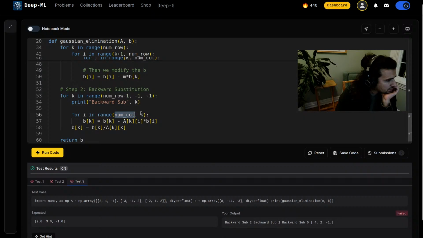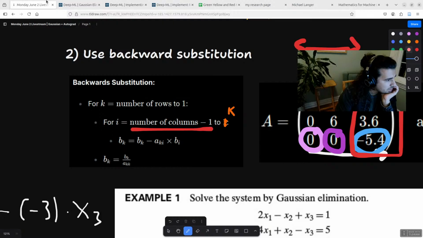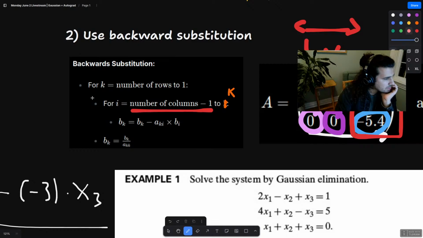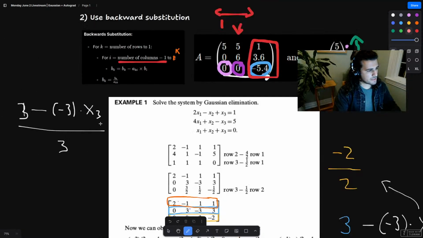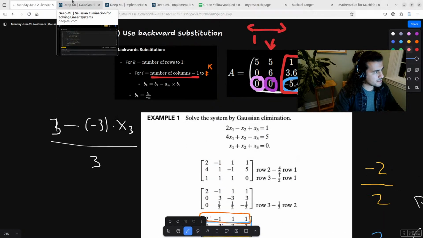Num column to K. We're doing it. Oh, yeah, this one is. Yeah, what flow am I trying to do here? Trying to do tac. So that doesn't work.